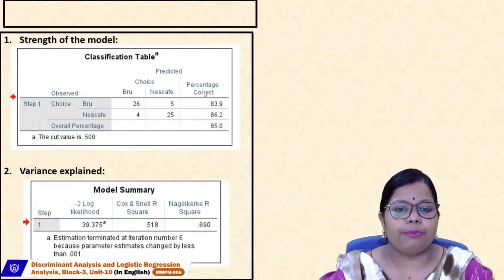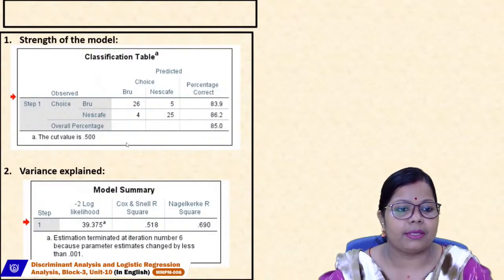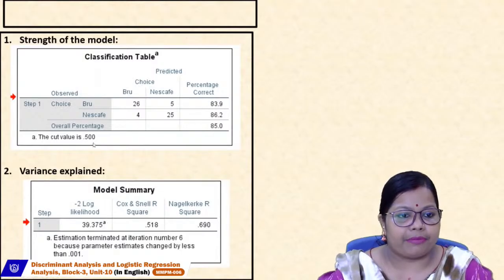The percentage correctly classified is 83.9 for Brew and 86.2 for Nescafe. The overall percentage is 85 percent. And we can see here the cutoff value is 0.5. Let us see how it helps us in interpreting the values.